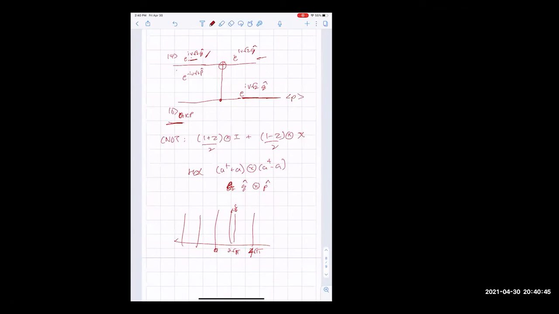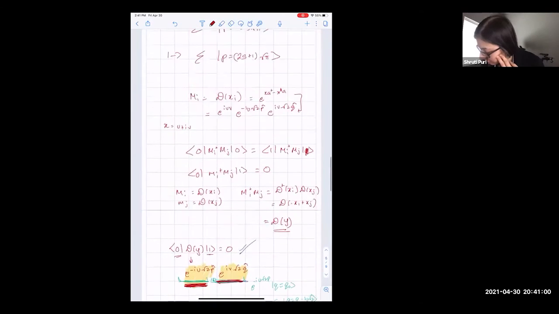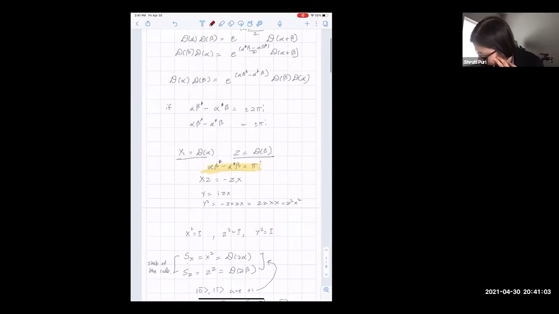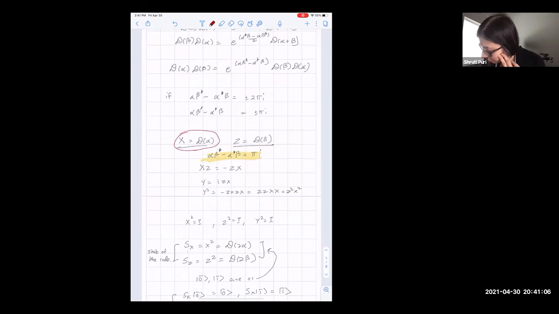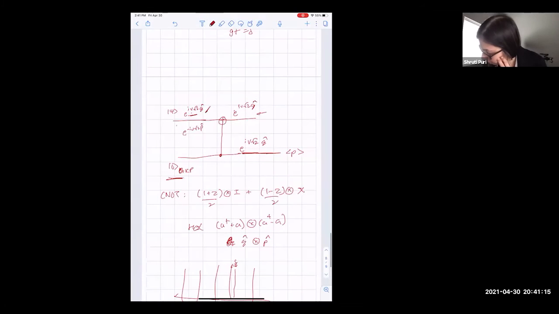A question, Shruti? Is the C0 symbol flipped? Why does the control bit change? I don't think the C0 is flipped. So the naught is, let's go back to our operators. The X operator is displacement by alpha. Alpha is square root of pi over 2. So the naught is e to the square root of pi over 2 times a dagger minus a.